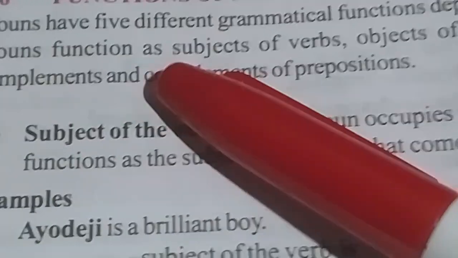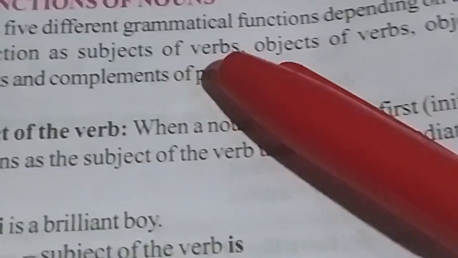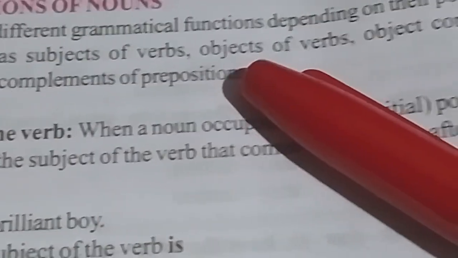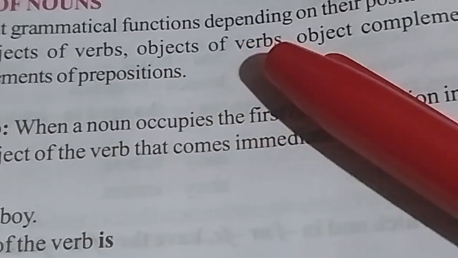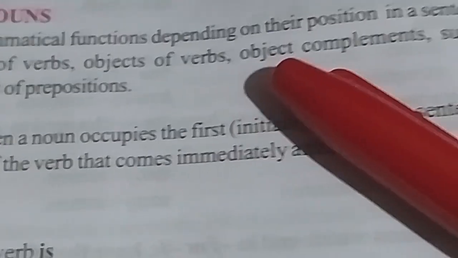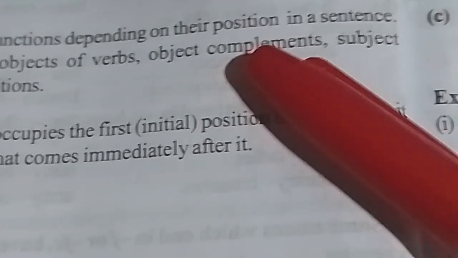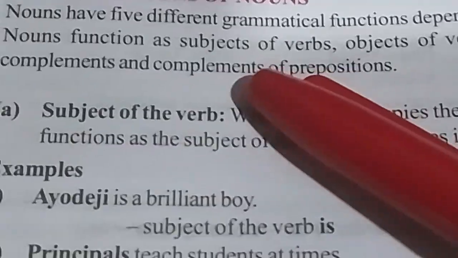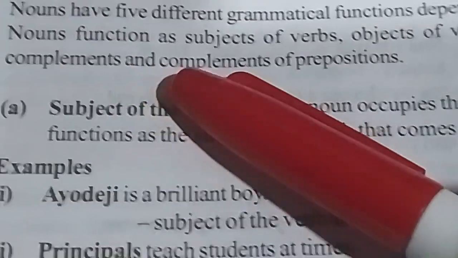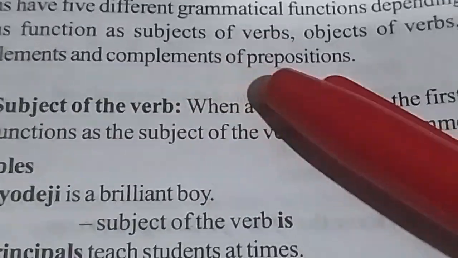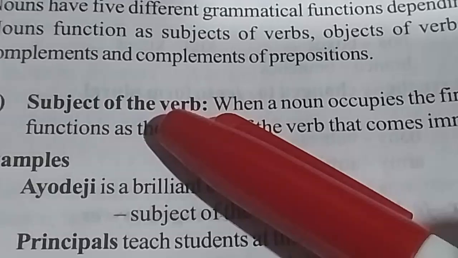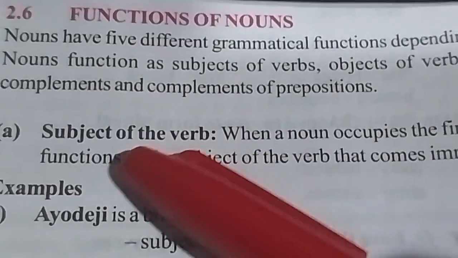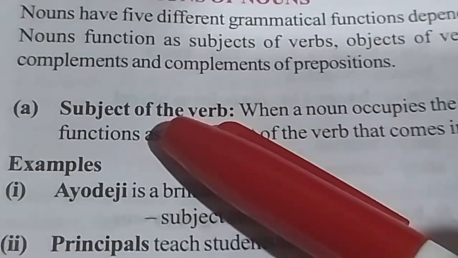Nouns function as subjects of verbs, objects of verbs, object complements, subject complements, and complements of prepositions. So we are looking at subject of verbs today here.